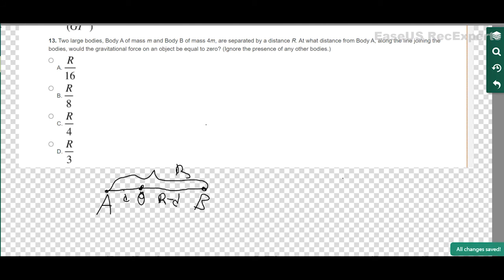Now we want the net gravitational force on the object to be equal to 0.